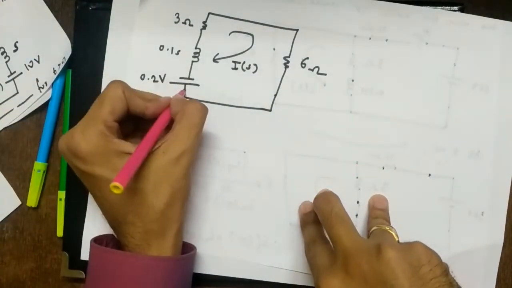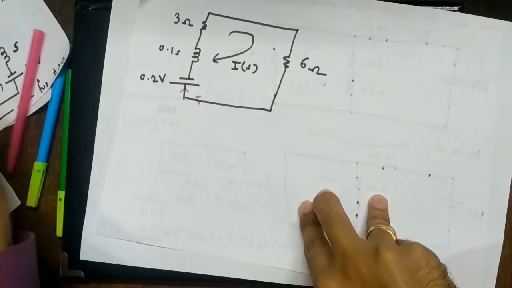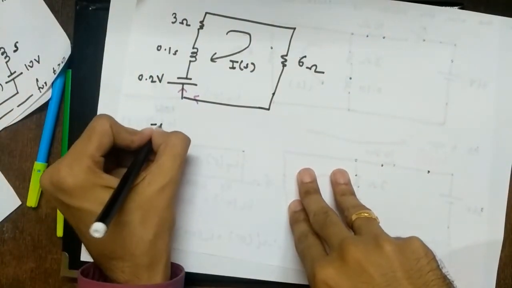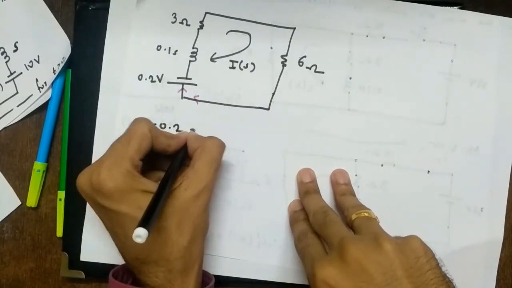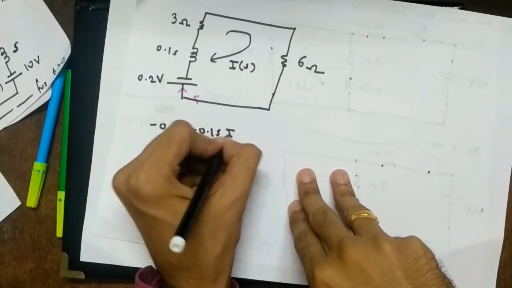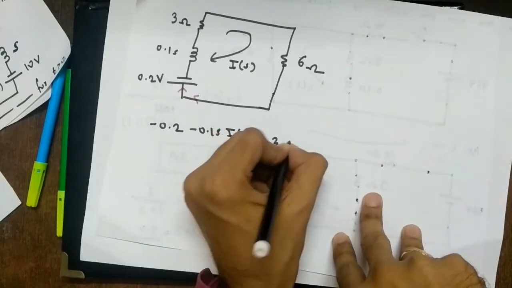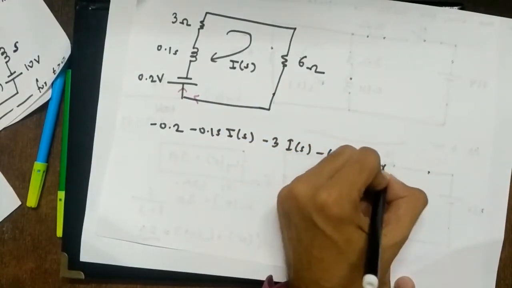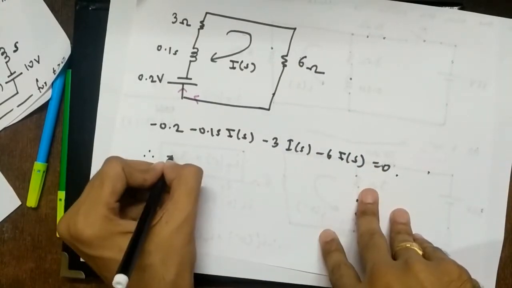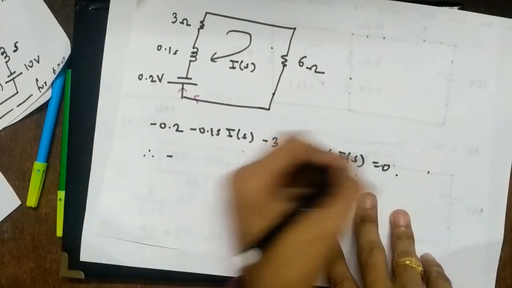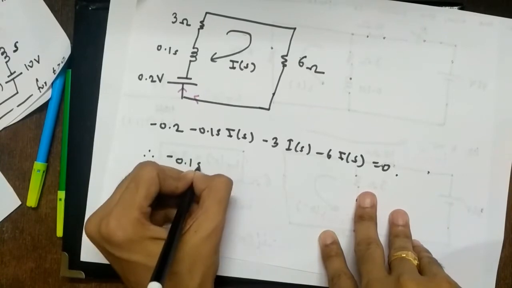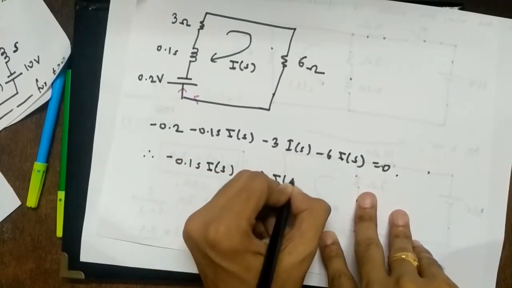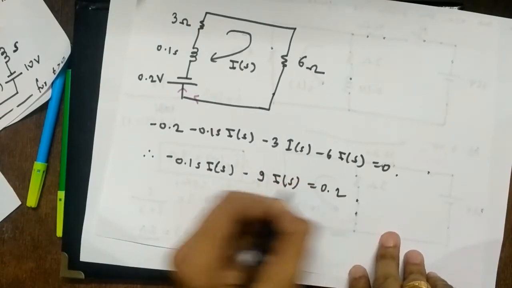How will you apply KVL? You will go, let's say, like this and come here, so that the path is complete. What will you encounter? Minus 0.2, minus 0.1 s I(s), minus 3 I(s), minus 6 I(s) equal to 0. Therefore I'll take this 0.2 here: minus 0.1 s I(s), minus 9 I(s) equal to 0.2.